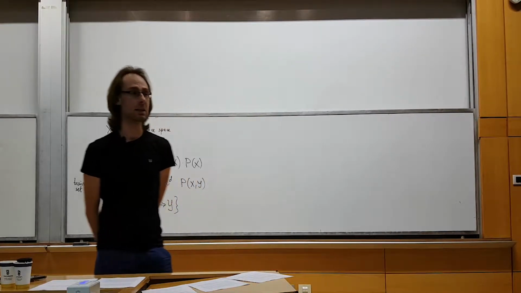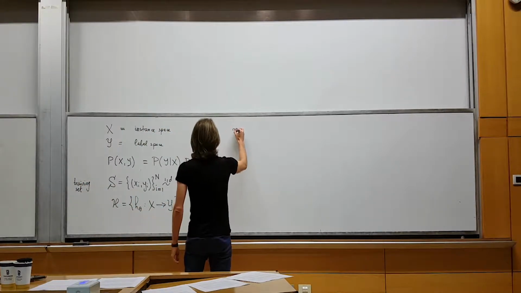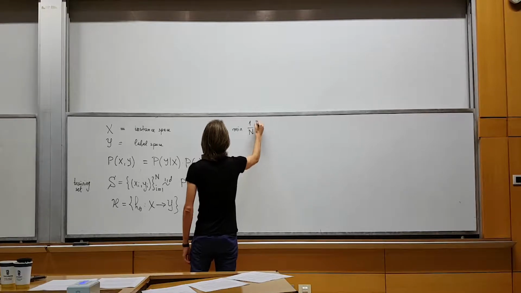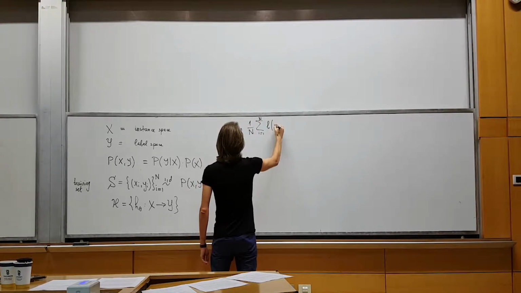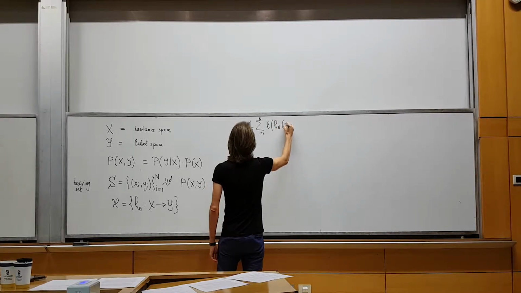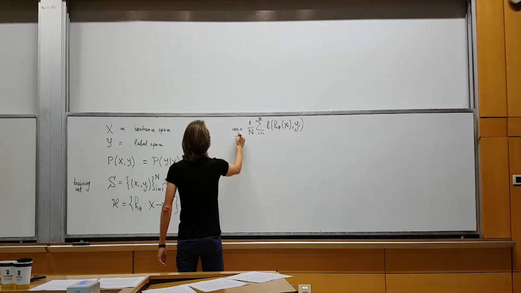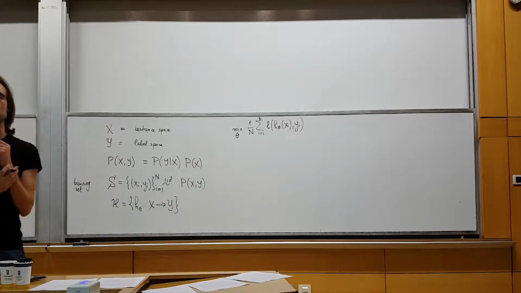Okay, so this was our setting. We said that we are minimizing some loss function that will be just a pointwise loss, so we take the average on the training set of some pointwise loss, and we minimize this with respect to theta. So this was our supervised learning problem.